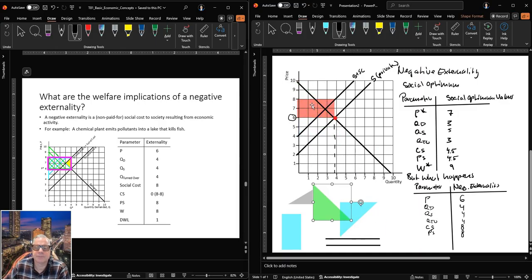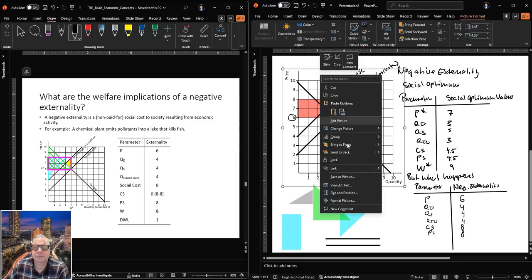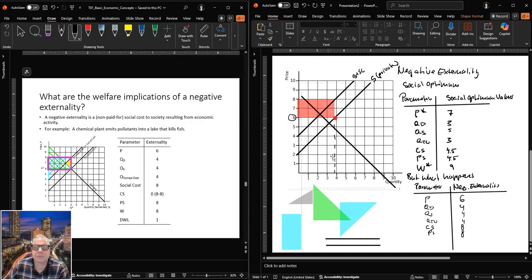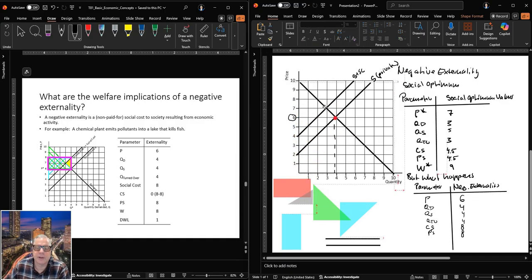So let's derive everything again. The equilibrium price is 6 without internalization.